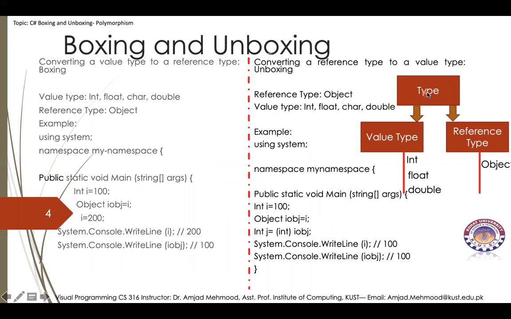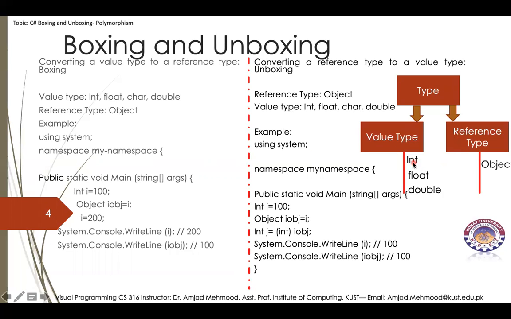We have data types to store values in programming languages. We have two kinds of data types, value types and reference types. A value type, as the name indicates, has values, and a reference type, as its name indicates, holds a reference or address.